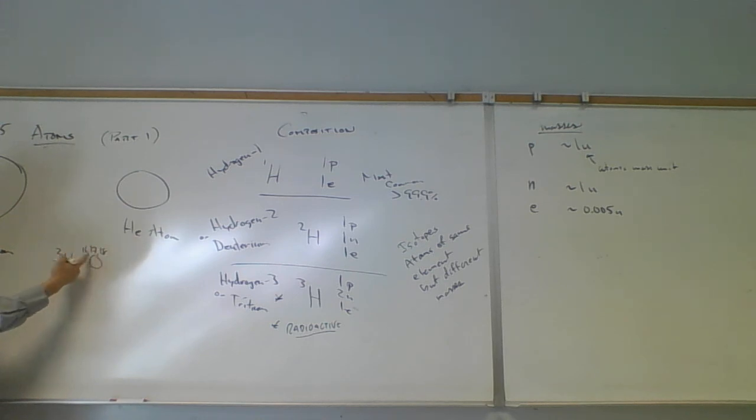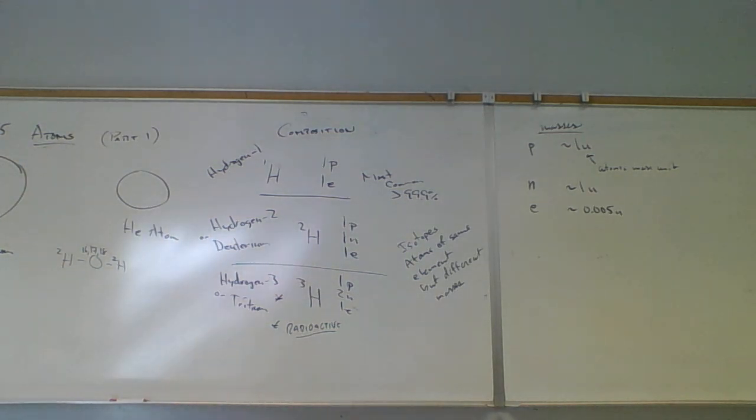Those are the common isotopes for oxygen. So the oxygens were mixed up. The oxygen 16 is the most common, and then a little bit of 17, a little bit of 18. And that I'll talk about later. And then H2. So this is deuterated water. I was tempted to taste it, but I didn't taste it. It should be the same. But it's more dense.